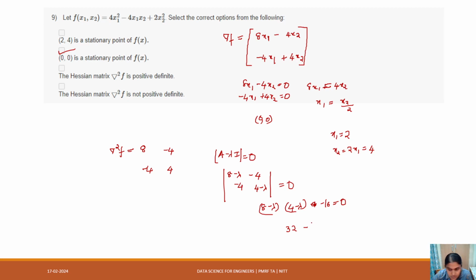Lambda values? You can solve and tell me the answer. You can put it in the chat window also.